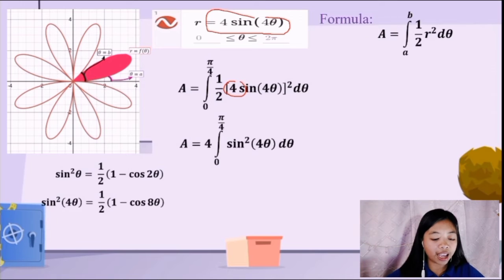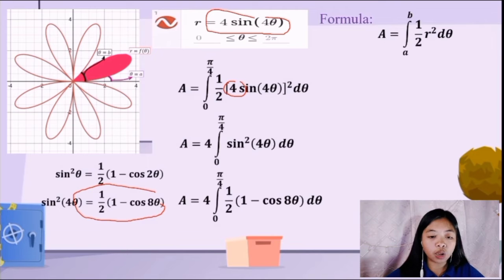So let's go ahead and replace sine squared 4 theta with what we have here, which is 1/2 times 1 minus cosine 8 theta. So our area now will become 4 times the definite integral from 0 to pi over 4 of 1/2 times 1 minus cosine 8 theta d theta.